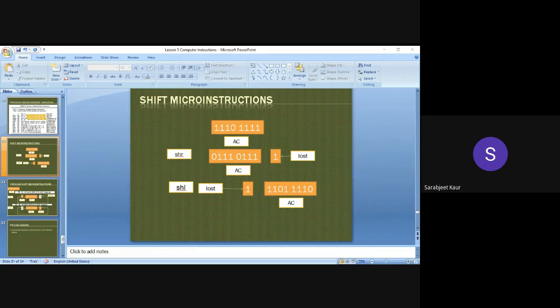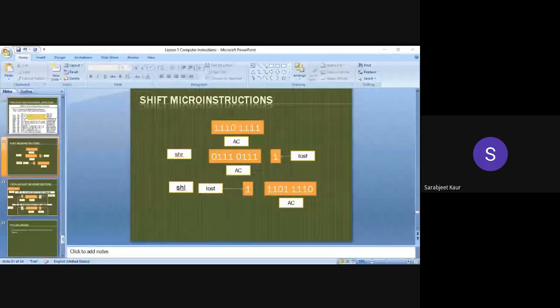And we have this position empty now, which is filled by 0. Any problem in shift right? So the basic thing is that every bit shifts one position to the right. Any problem? No, ma'am. Okay.